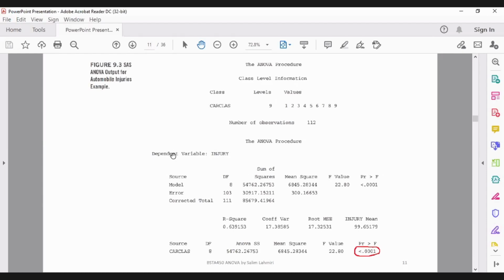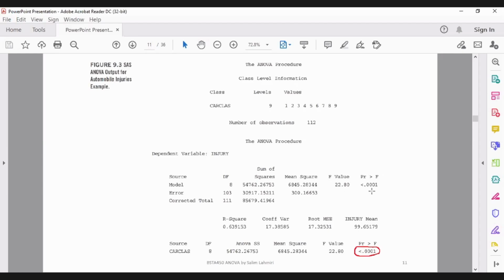We got the ANOVA table. This is the ANOVA table with F. This is the statistic F. This statistic F is used to test the null hypothesis that the average number of injuries is similar across all 9 classes, versus at least one average is different from the others. The F value of this Fisher test is 22.80.